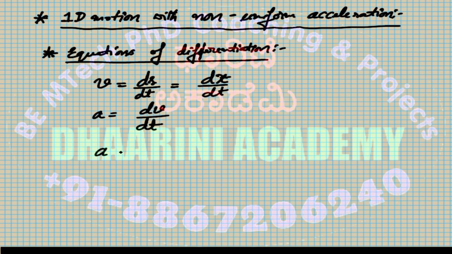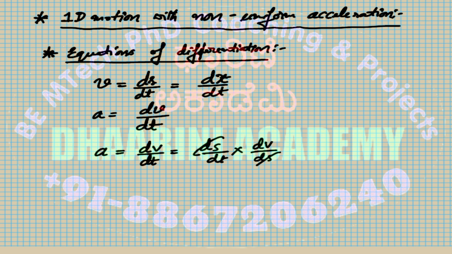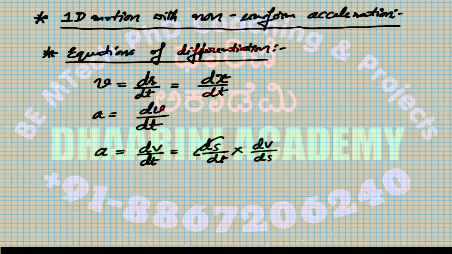The third equation can be acceleration, which is dv by dt, can be represented as ds by dt, the rate of change of displacement, into dv by ds. So originally ds cancels, you still have dv by dt, but mathematically you cannot cancel.